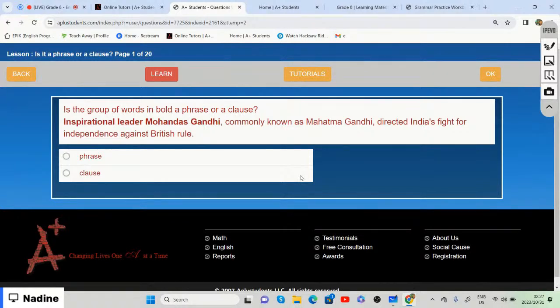Inspirational leader Mohandas Gandhi, commonly known as Mahatma Gandhi, directed India's fight for independence against the British rule.